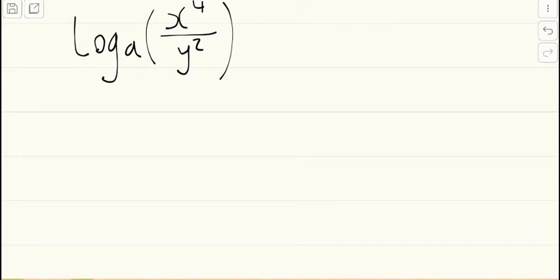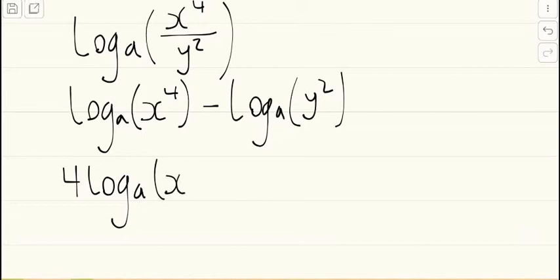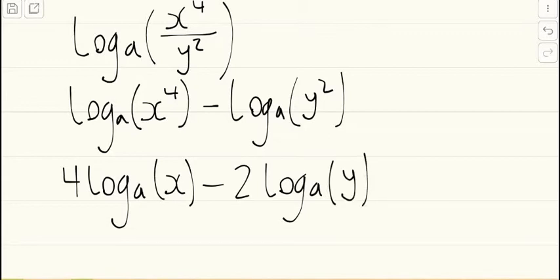So going backwards, we can see that this is the same thing as log to the base a of x to the power 4 minus log to the base a of y squared. Again, we're not yet done because it's not in the form of log to the base a of x and log to the base a of y. So we use our power law to say 4 log to the base a of x minus 2 log to the base a of y. Right, let's look at a few more examples, a little bit more complicated.